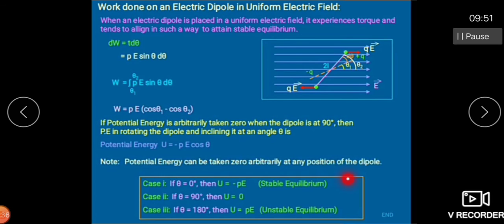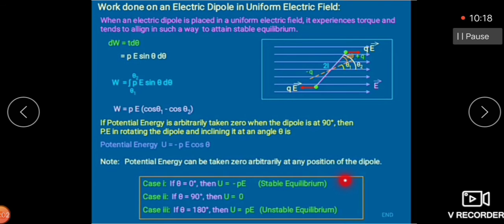If theta is 0 degree, then U is equal to minus PE, since cos 0 is equal to 1. From this equation cos theta is 1, so U is minus PE, and this is known as stable equilibrium.